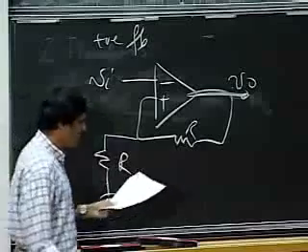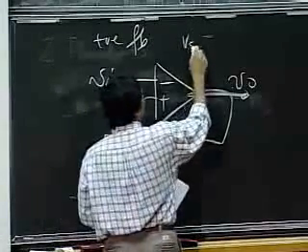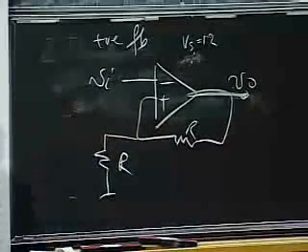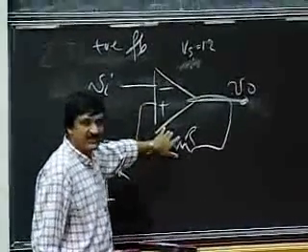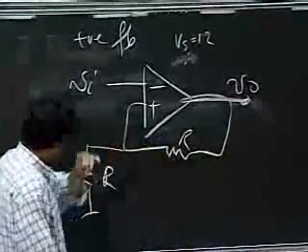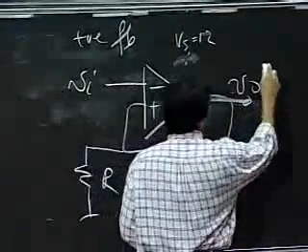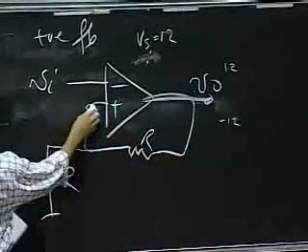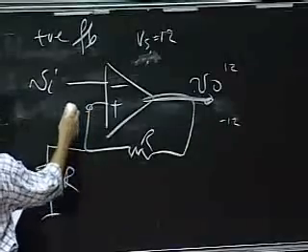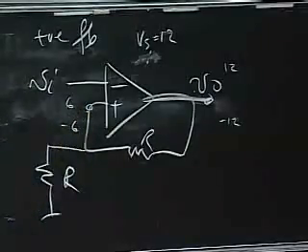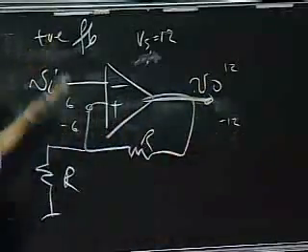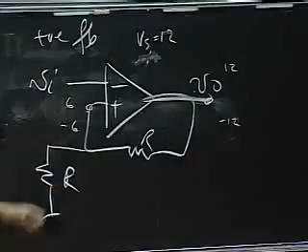And let's assume that Vs equals 12 volts, and to the negative one, I connect minus Vs. So this guy is going to go between 12 and minus 12, and correspondingly, because these two resistors are equal, this one is going to go between 6 and minus 6. So the output is going to be at 12 or minus 12, remember, at the top rail or the bottom rail, and this one is going to be at plus 6 or minus 6.